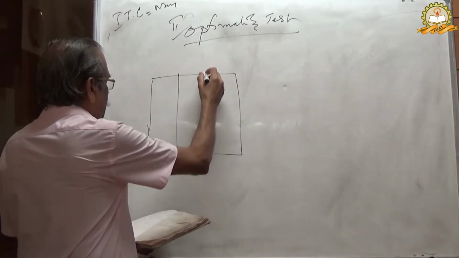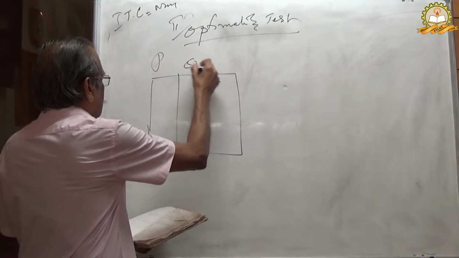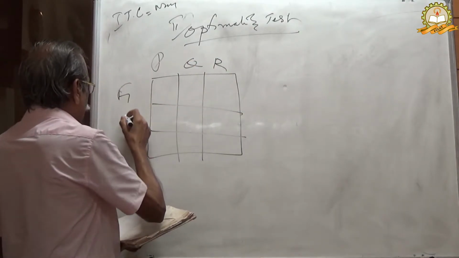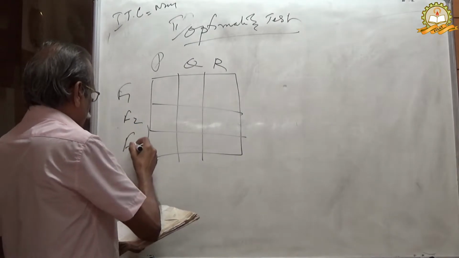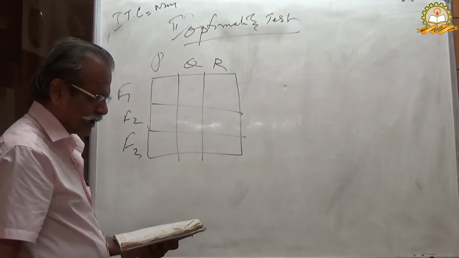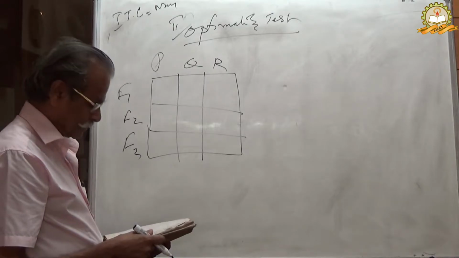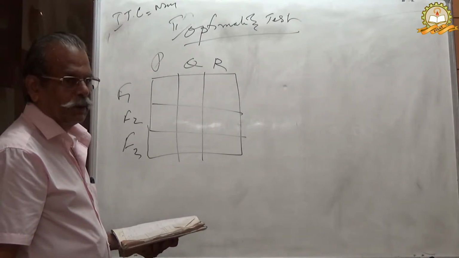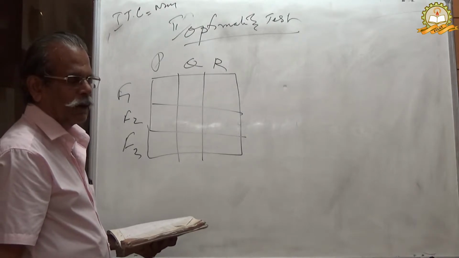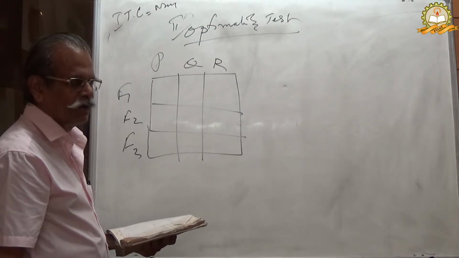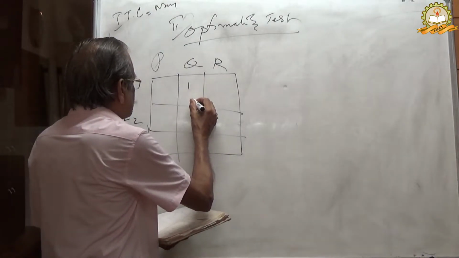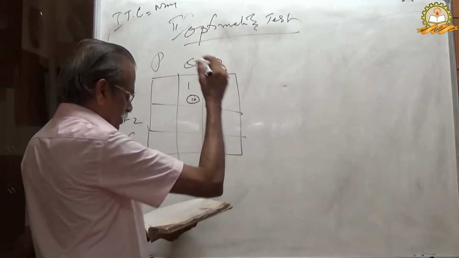Here you can again mark P, Q, R, F1, F2, F3, and write initially. Step number 1, write the allocated cell values in the matrix.